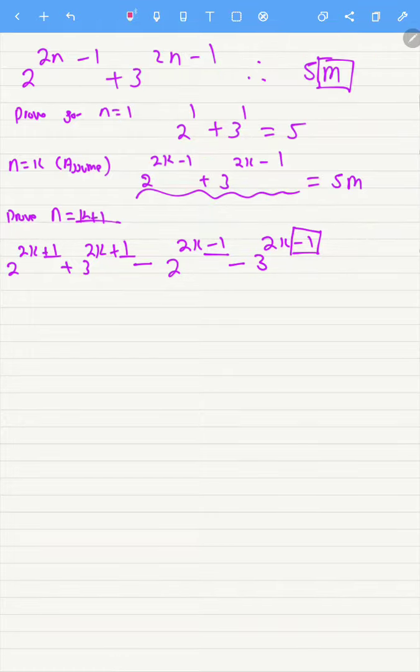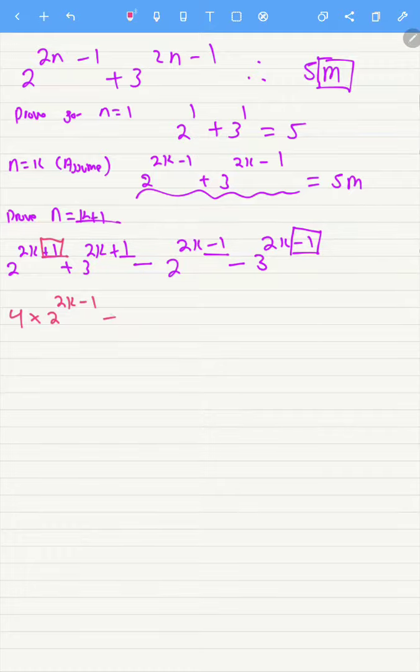Theoretically what you'd do is, well, 2 to the 1 is 2. To get to the minus 1, you'd have to take out 2. So that would be 4 times 2 to the 2k minus 1. But you've just taken out 2 of these, because 1 minus 2 is minus 1.